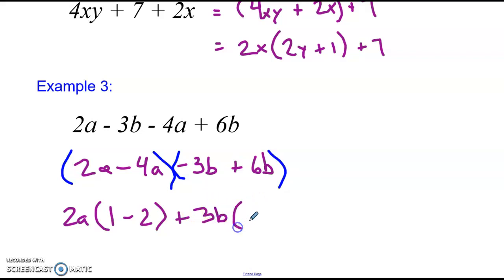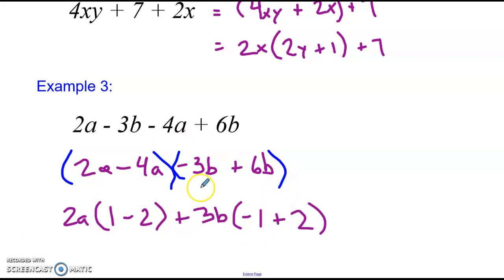And what am I left with in there? Well, I have negative 1 plus 2. So I could simplify a little bit further if I wanted, but you don't really need to. There's nothing else we can do with this. We can't factor this any further here.